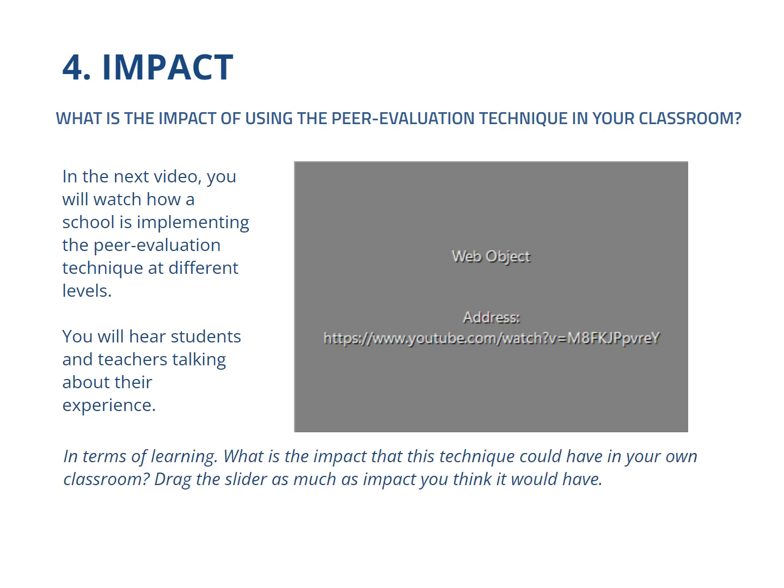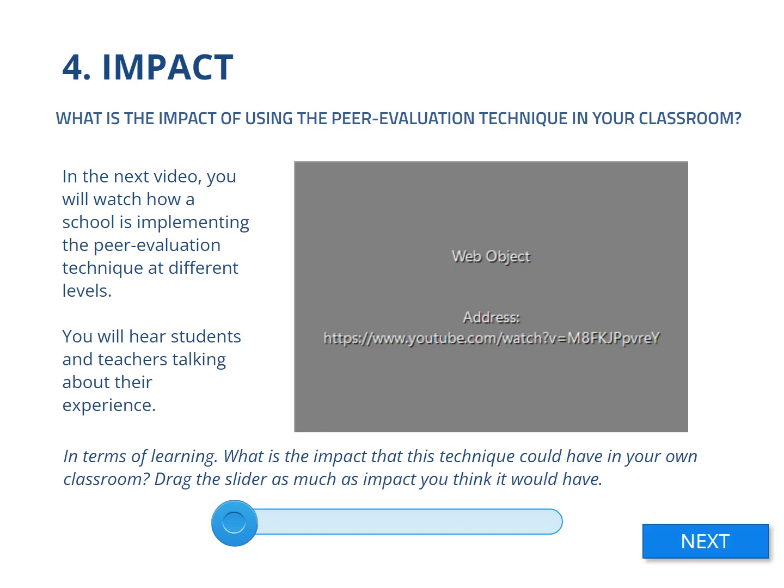Once you watch the video in terms of learning, what is the impact that this technique could have in your own classroom? You can drag the slider as much as impact you think it would have. Once you watch the video and use the slider, please click on the next button to go to the next slide.